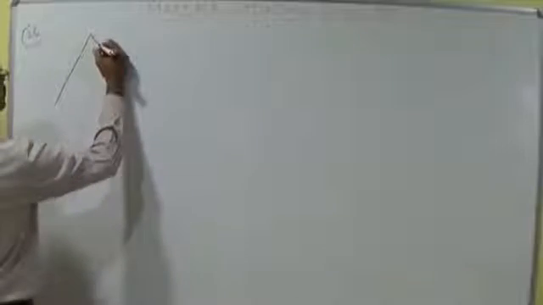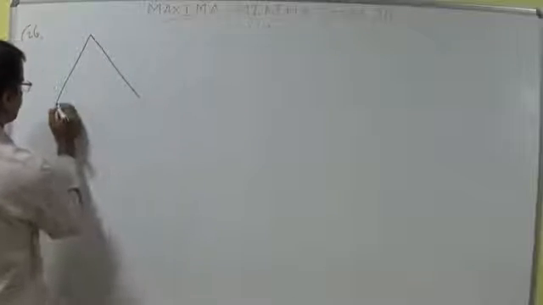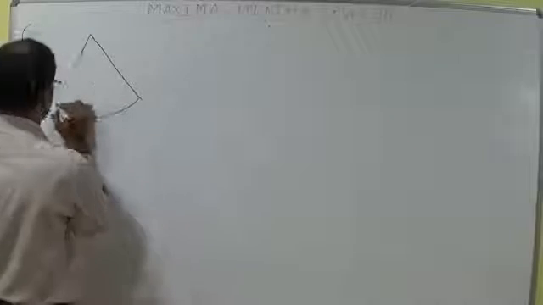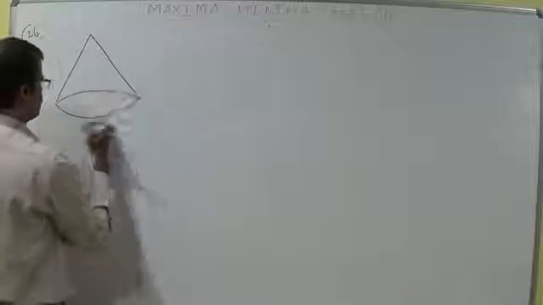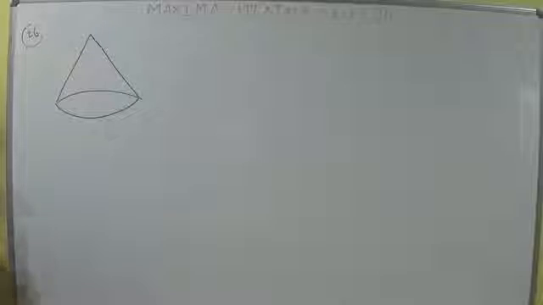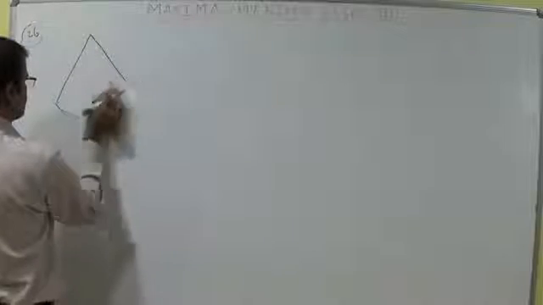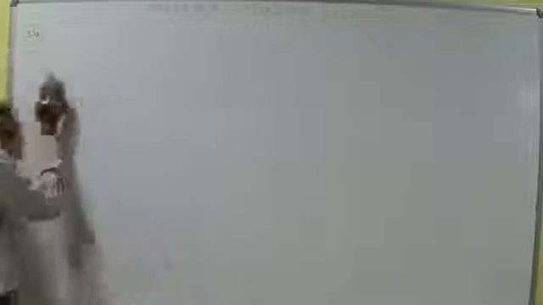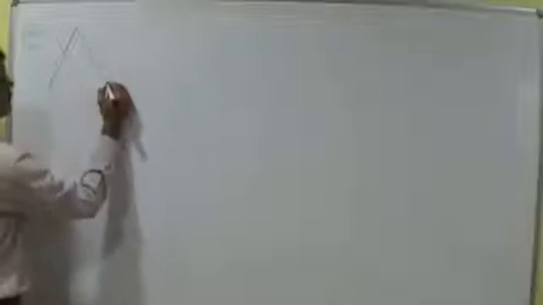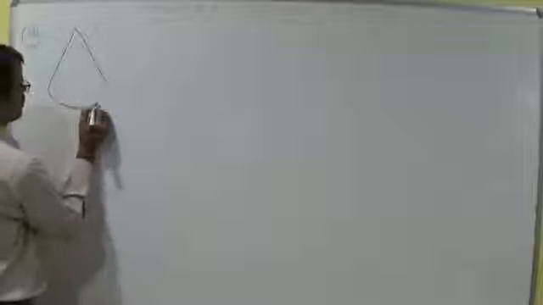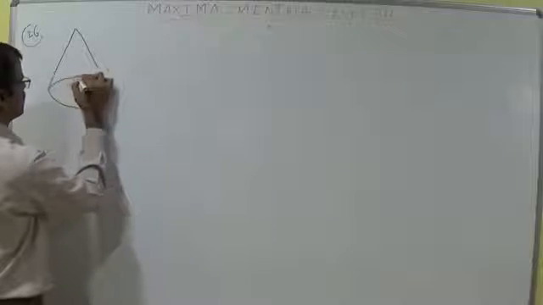Let us draw the diagram of a cone. This is a cone, semi-vertical angle alpha given. In the cone, a cylinder is inscribed.